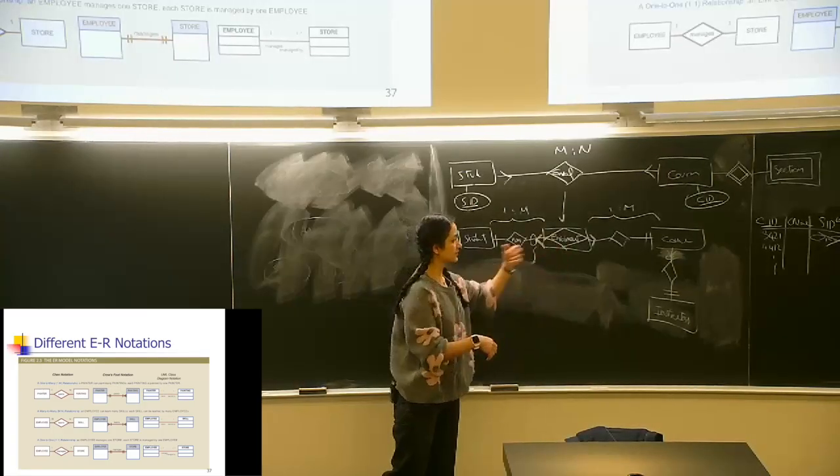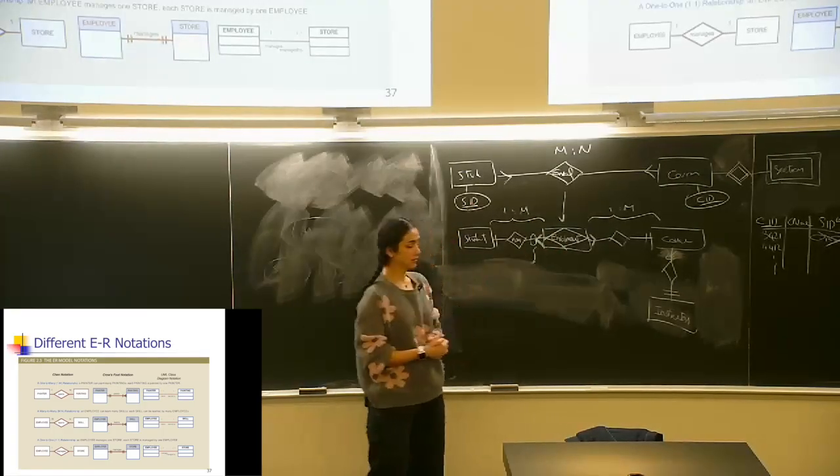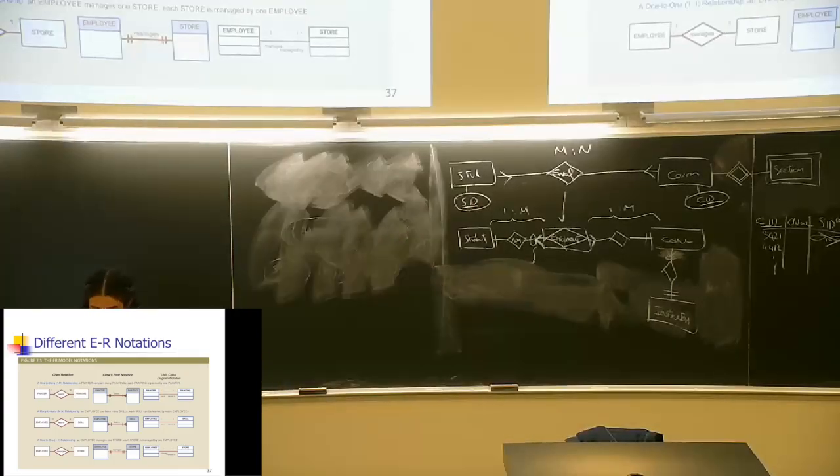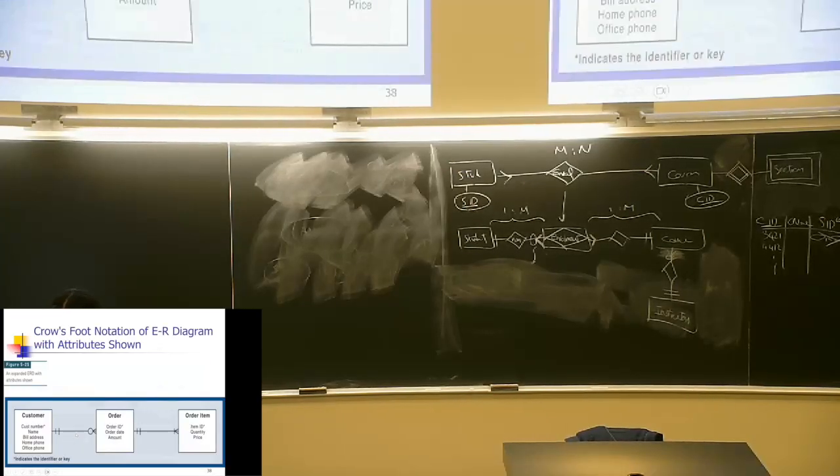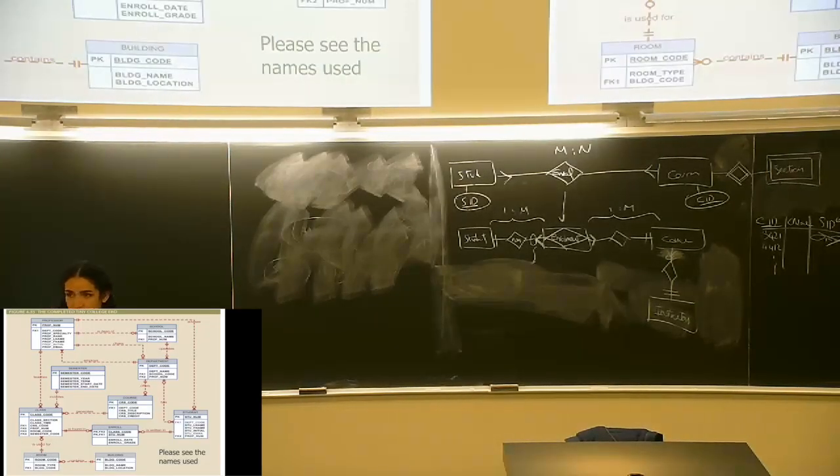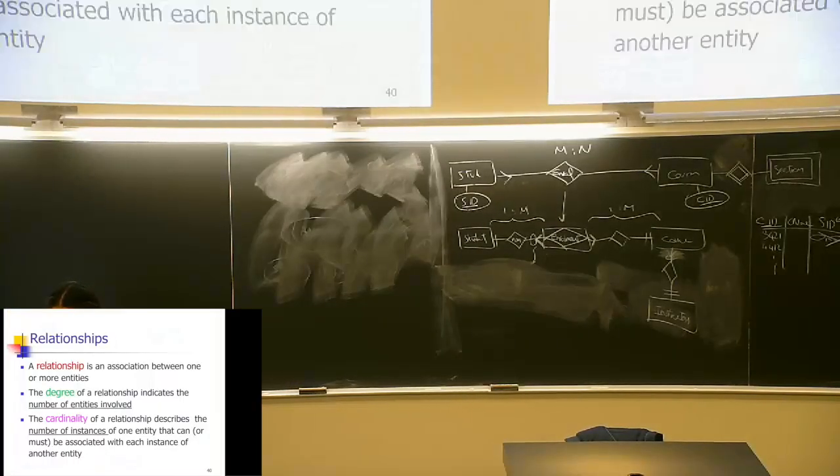A diamond inside the rectangle, and so on. And representing the relationship and cardinalities like this. So this is the notation that we use in this course. And here is just the crow's foot notation, just in case you see it in some textbook or other places online.